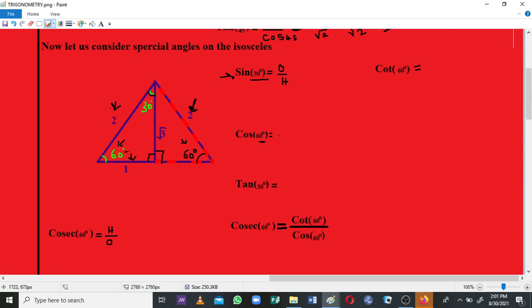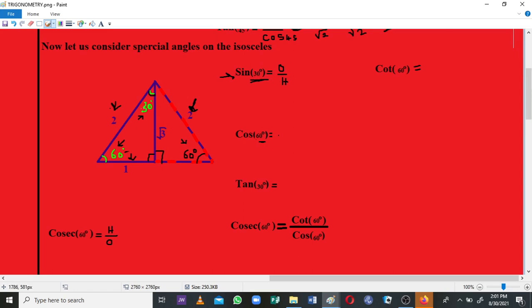Now we have two angles, the 60 and a 30 degree. So the opposite and the adjacent sides will vary depending on the angle that we consider. For example, we want to consider sine 30 degrees. We know that sine 30 is equal to opposite over hypotenuse.